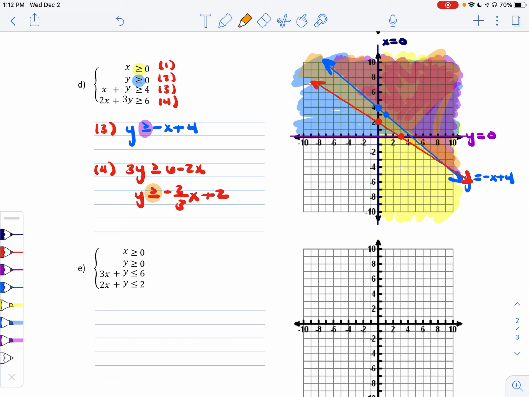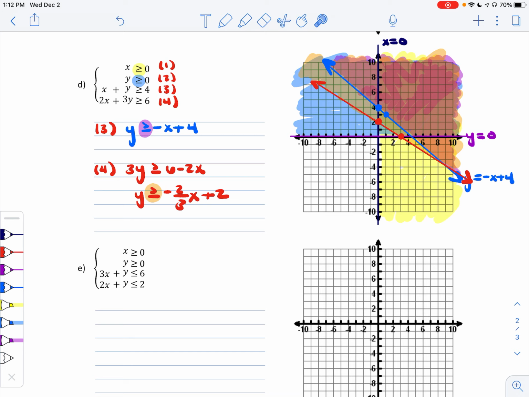All right, so this has gotten a little bit messy here because there's a lot going on in this one. So I don't necessarily recommend that you actually get out your highlighters or your colored pens and shade all of these different regions. It's often easier just to do some of this work in your head a little bit and just shade the final region. But what we essentially have, we said we wanted x is greater than 0, so that put us to the right of the y-axis.